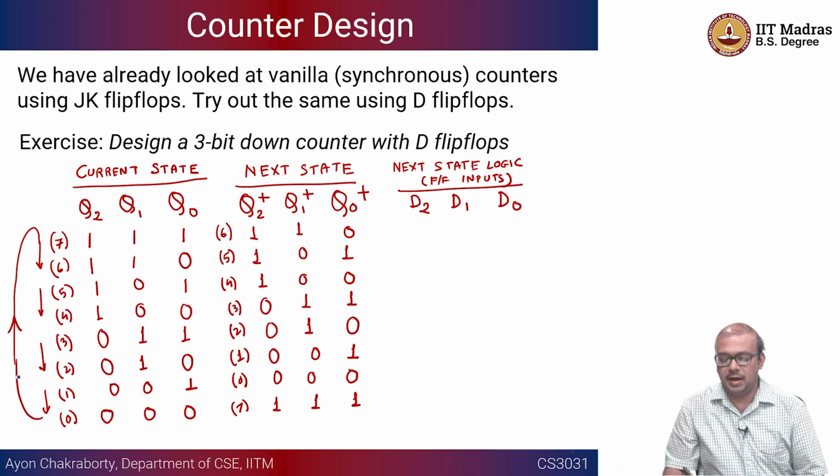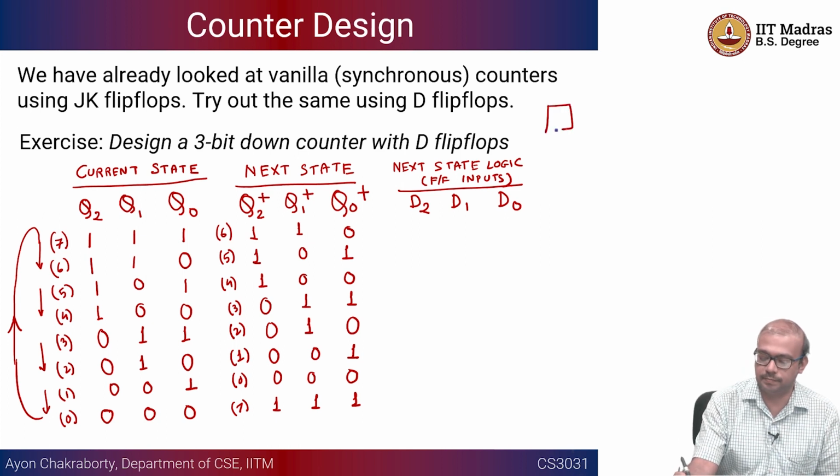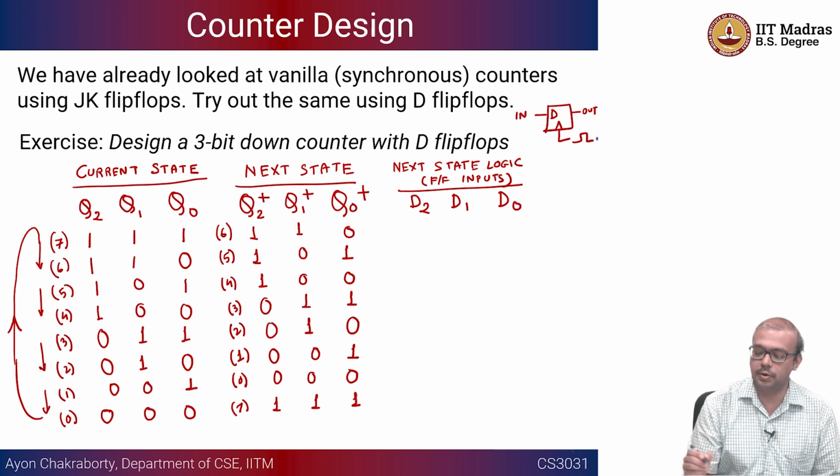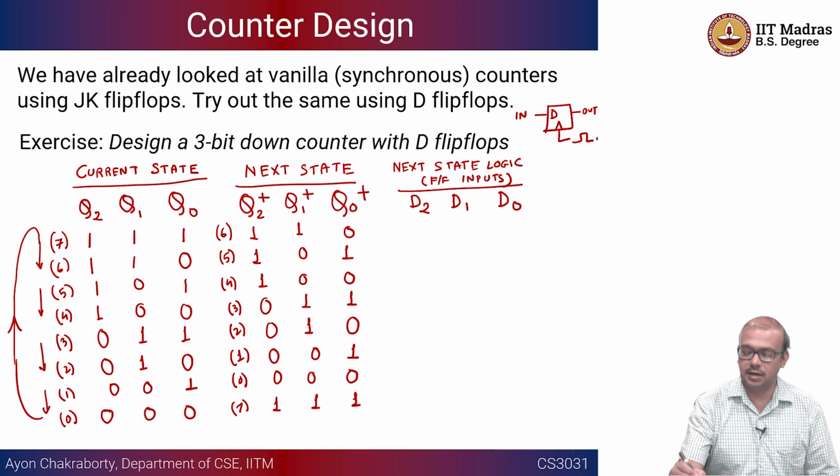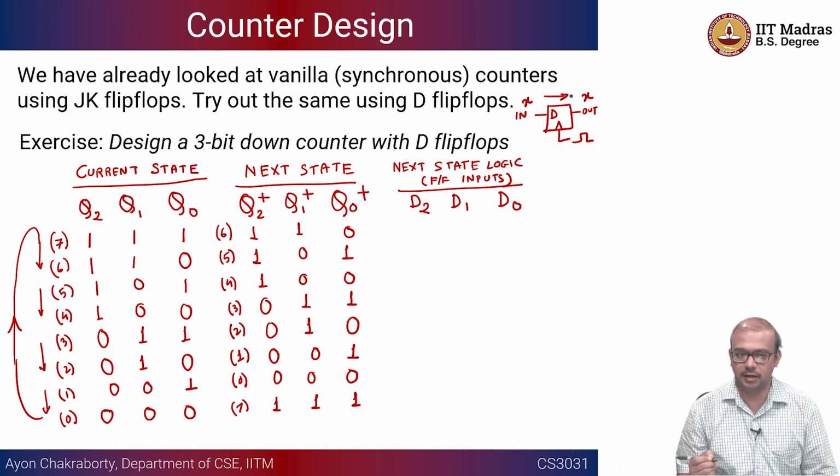Okay. And in case of a D flip-flop, you know that this is a D flip-flop, of course there is a clock, there is an input and there is an output. If we give a clock edge trigger, basically, if there is an input X, this X is going to be copied to the output. Okay, there is nothing fancy like a JK flip-flop that has set, reset as well as a toggle condition.